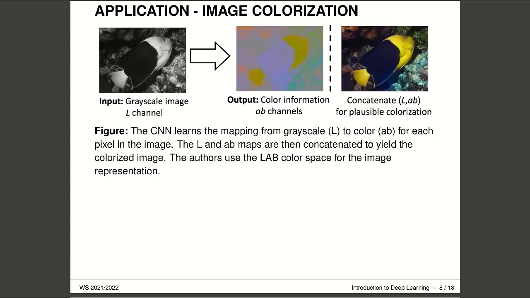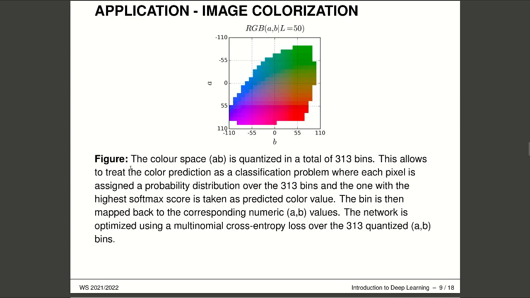Here they use the LAB color space for the image representation. For more detail, in this paper, the color space of A and B is quantized into a total of 313 bins. This allows treating color prediction as a classification problem, where each pixel is assigned a probability distribution over these 313 bins.